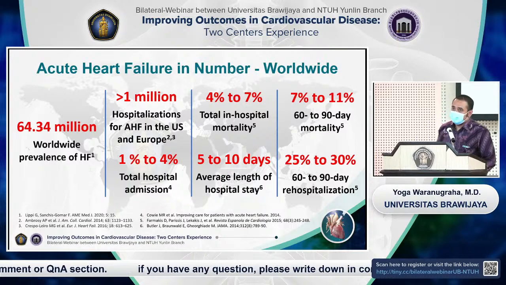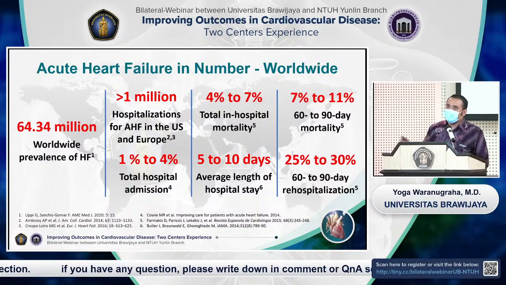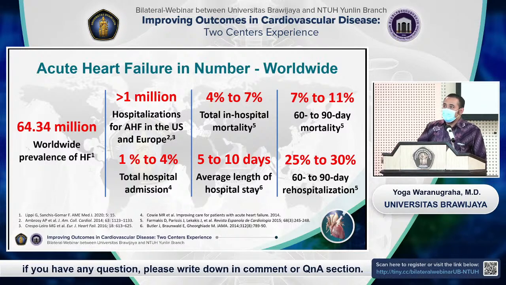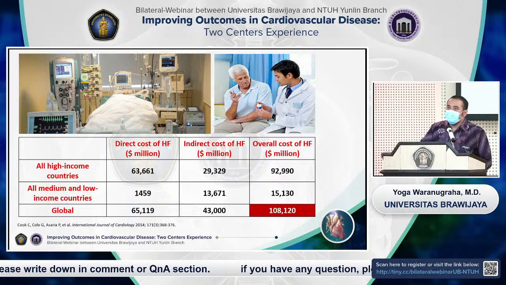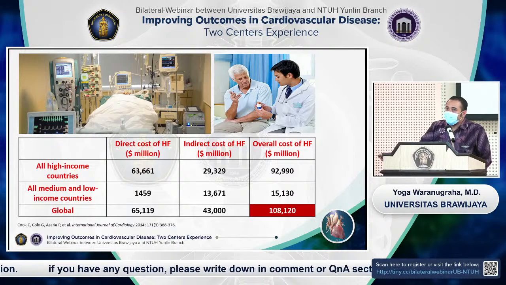After patients with acute heart failure are discharged from the hospital, the main problem is the high number of 60 to 90 days mortality and rehospitalization. All of us know that heart failure is a money-consuming disease. It is reported that annually more than 108 billion US dollars is spent on this disease.